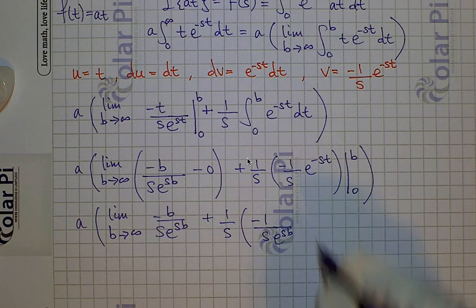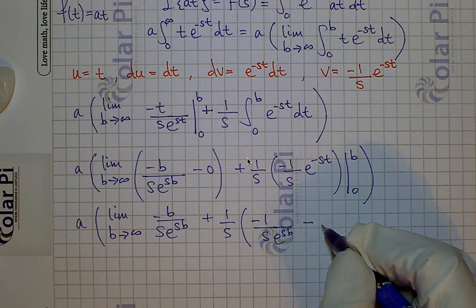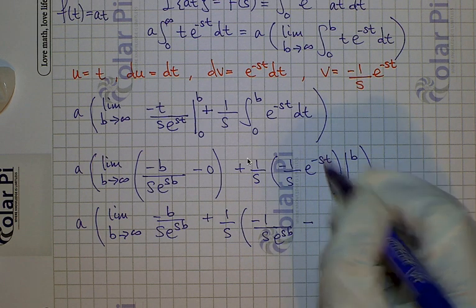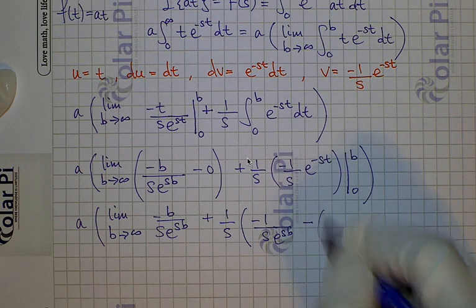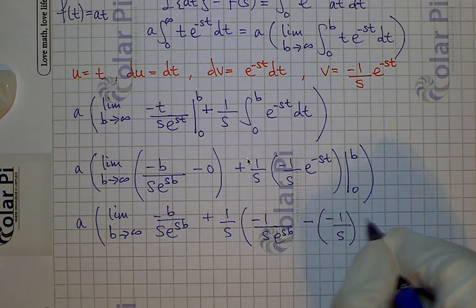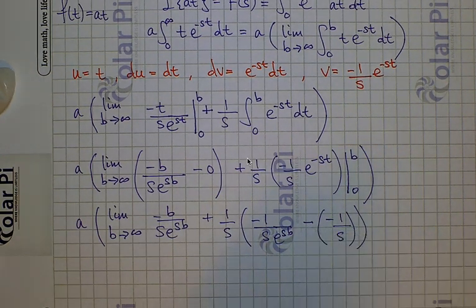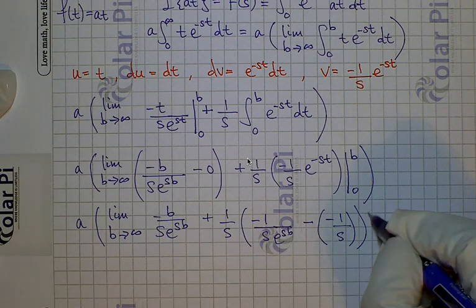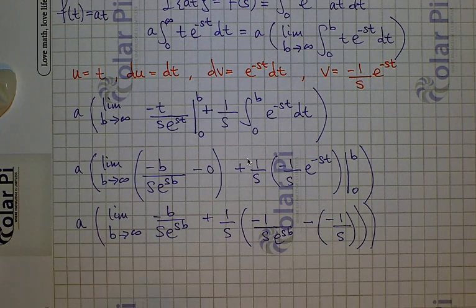Then we write minus, and plug in 0. E to the 0 is 1, so we have minus negative 1 over s. This minus sign is from the evaluation theorem in calculus. And we need to close this parenthesis we opened.